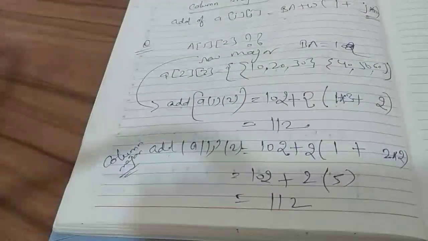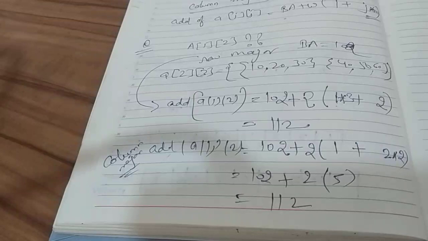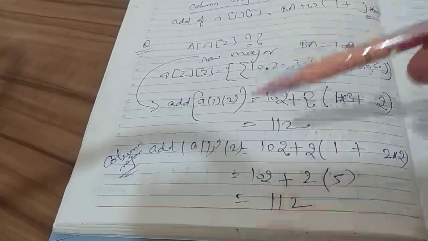So why are the row major and column major addresses the same? This is because this is the 0th row and this is the first row, and this is the 0th column, first column, and second column.